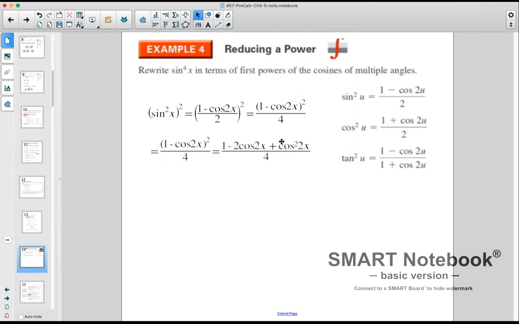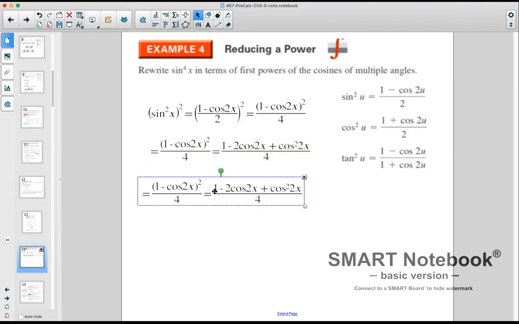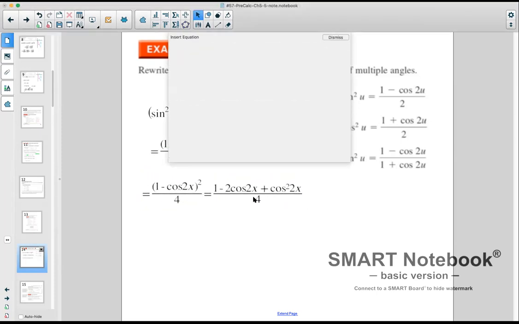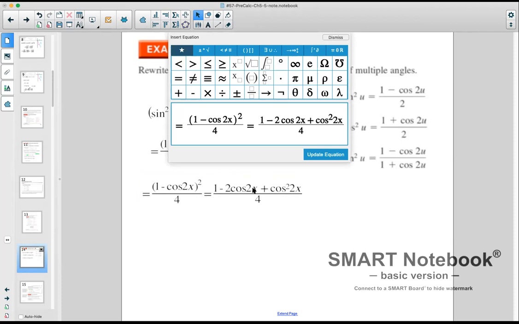Okay, now next person, if you can take up this part, what's the common factor? So you can take out the 4, a quarter.